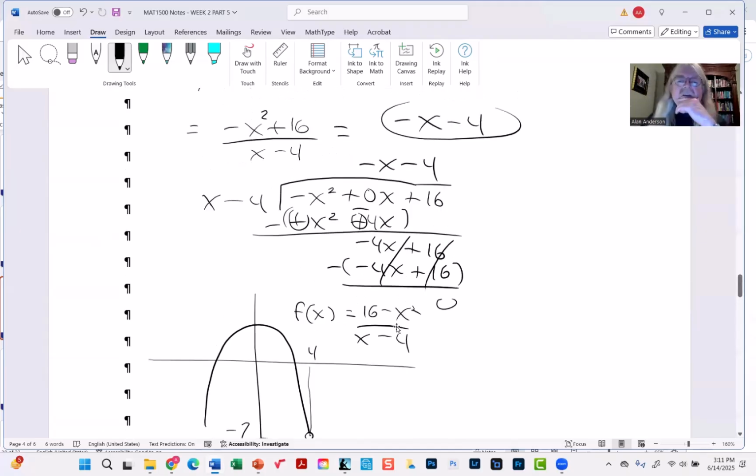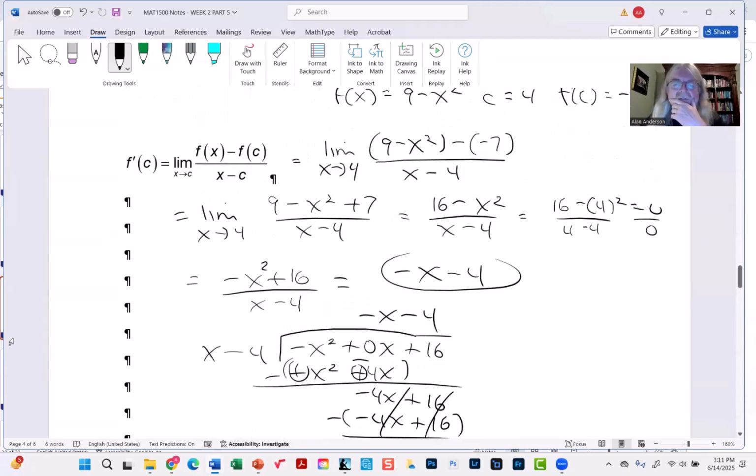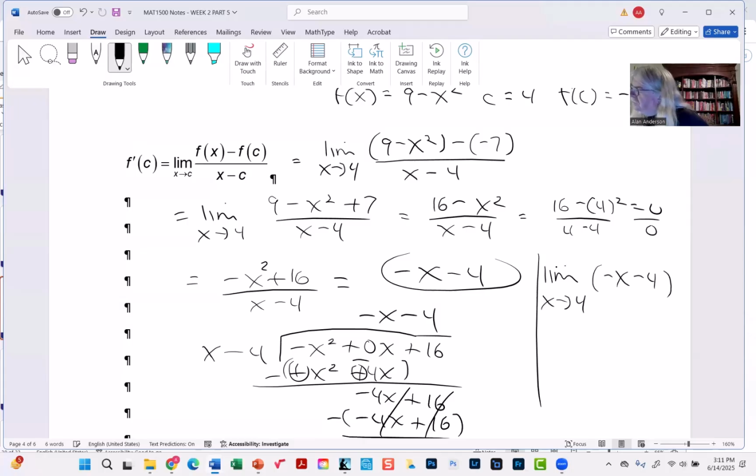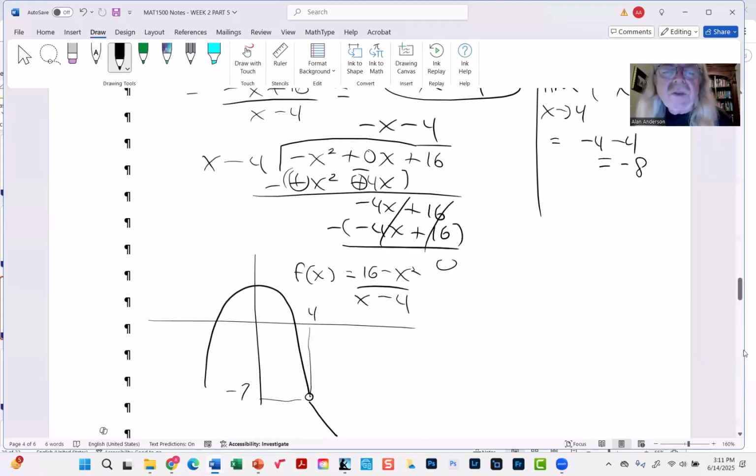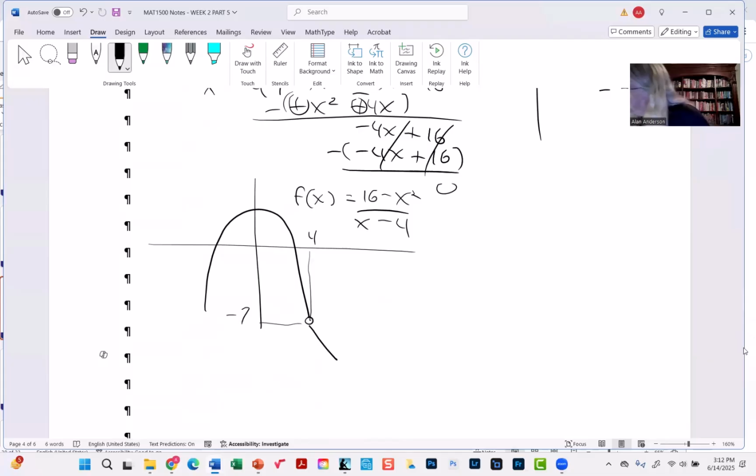So what we can do now is take the limit of this negative x minus 4, so that means the slope at that point is -8.